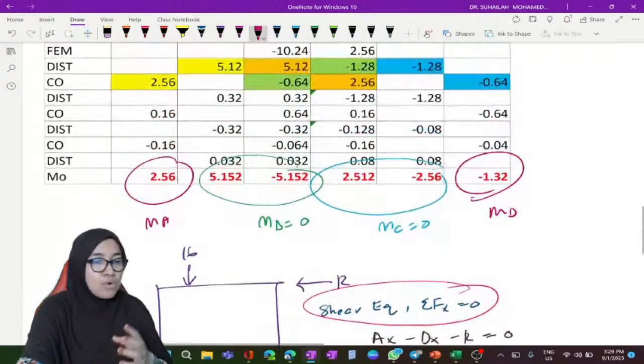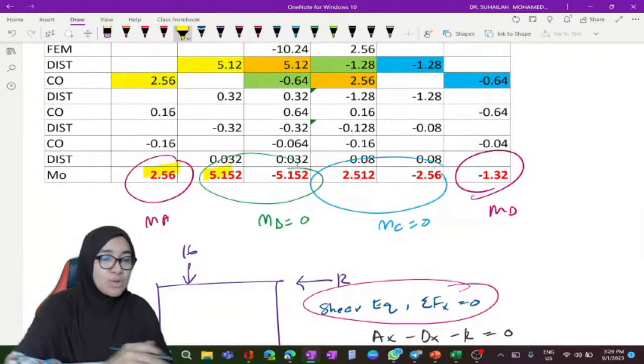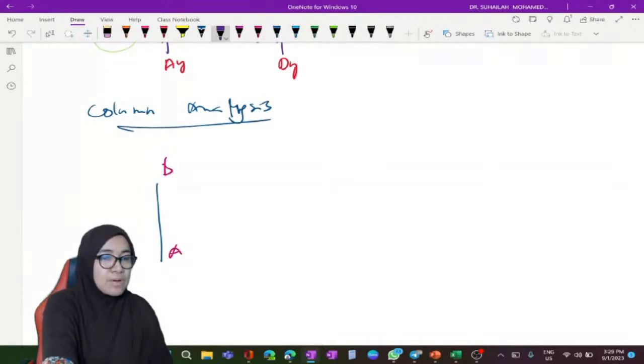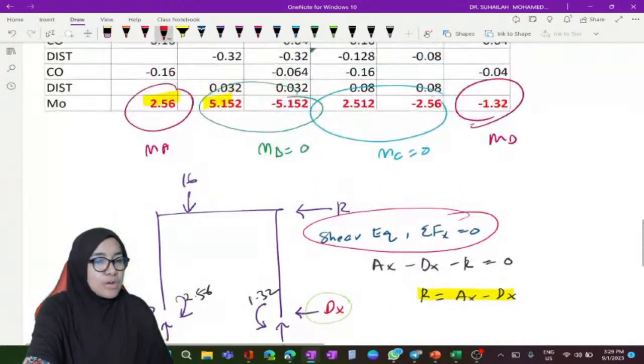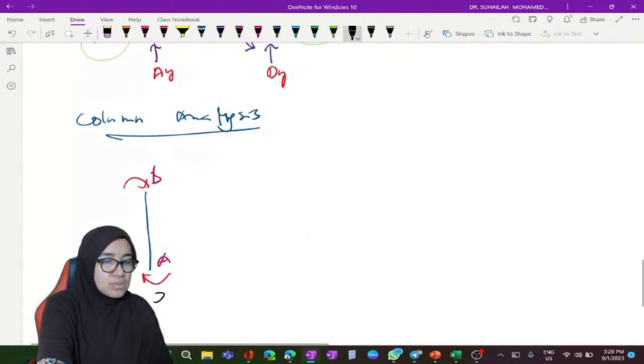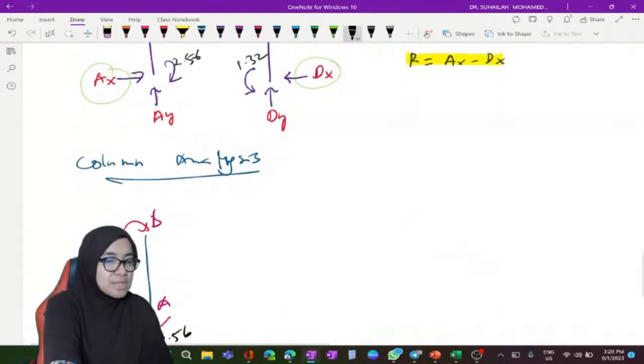Moment, we have positive. We get 2.56 and 5.152. This is 2.56 and 5.152. This is 5 meter.